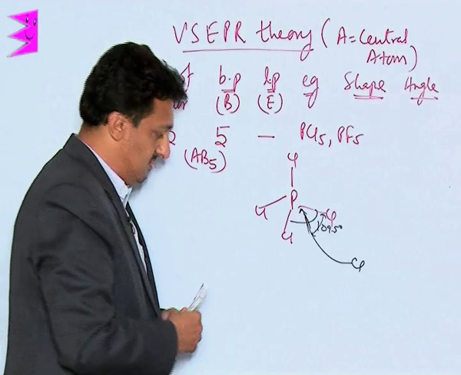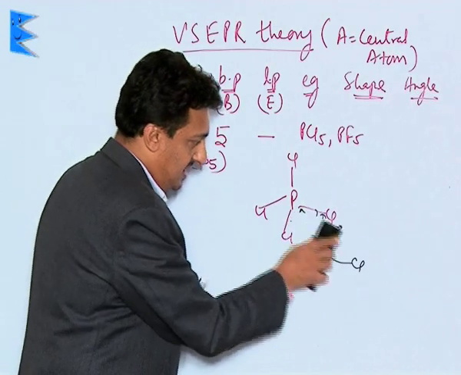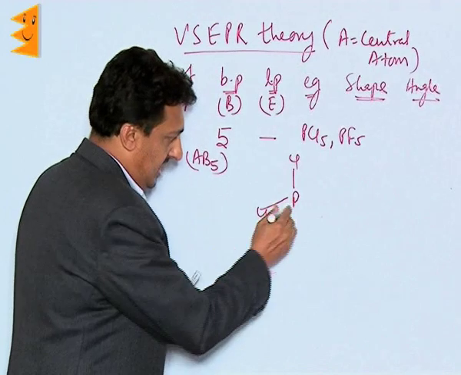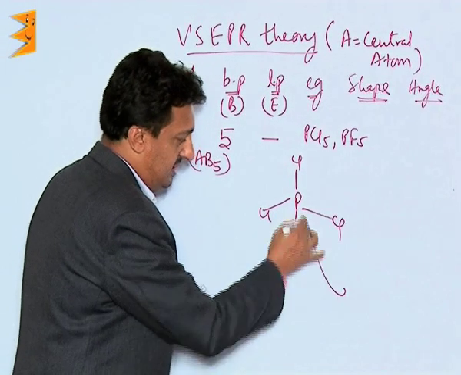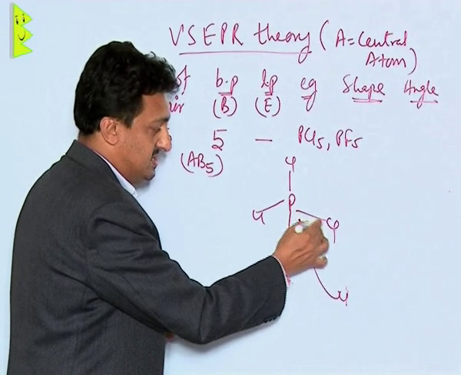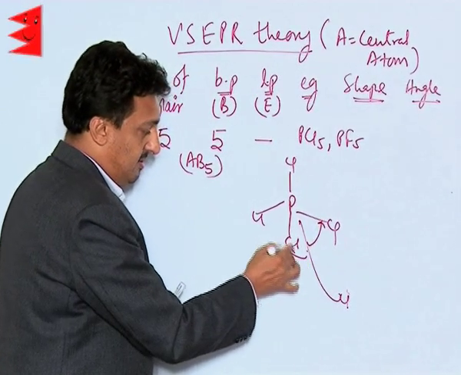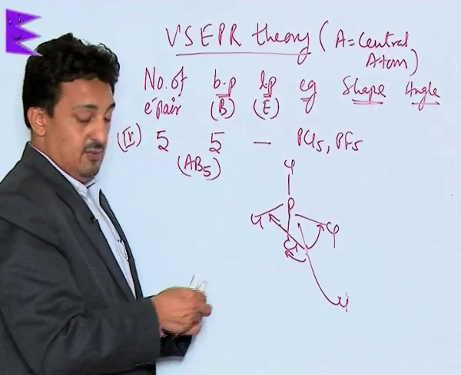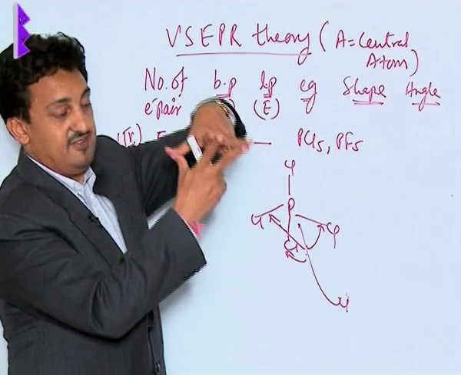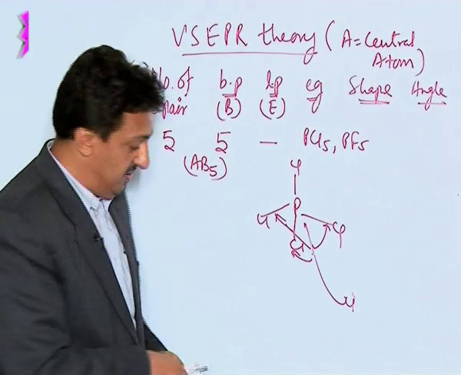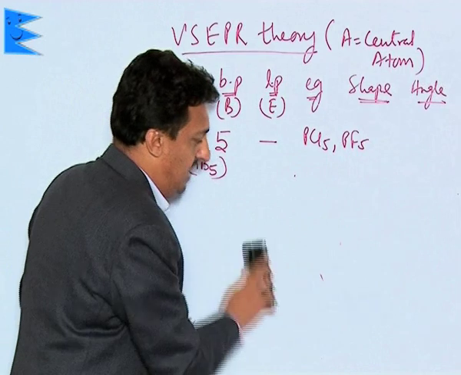What we notice in this case is that the 5th chlorine comes from the downward side, and due to this chlorine, the 3 chlorine atoms face a strong bond pair repulsion, and they become straight like this.